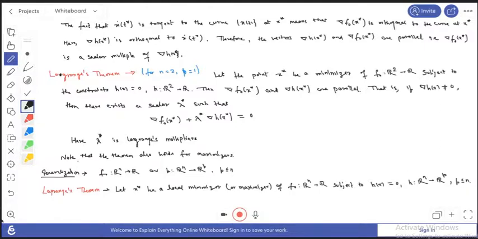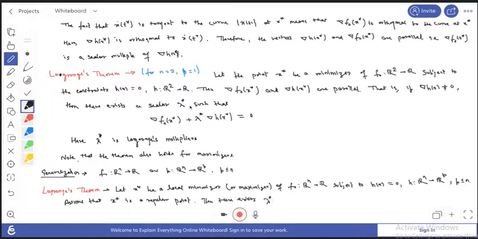Okay, and if we assume that x star is a regular point, then there exists a lambda star.